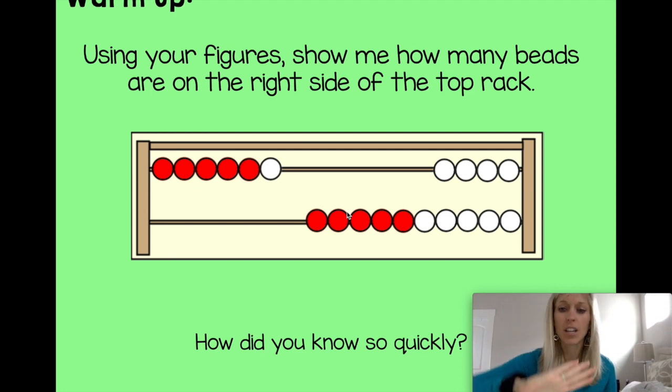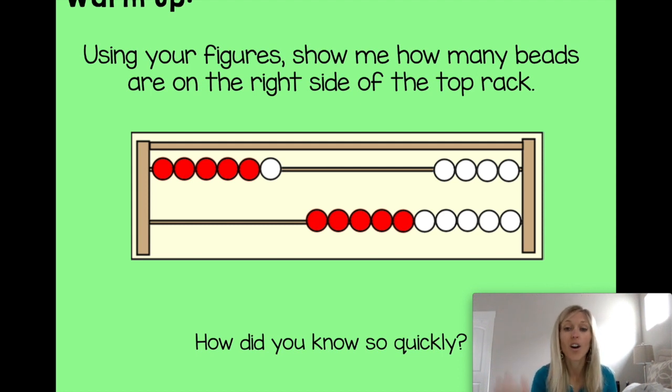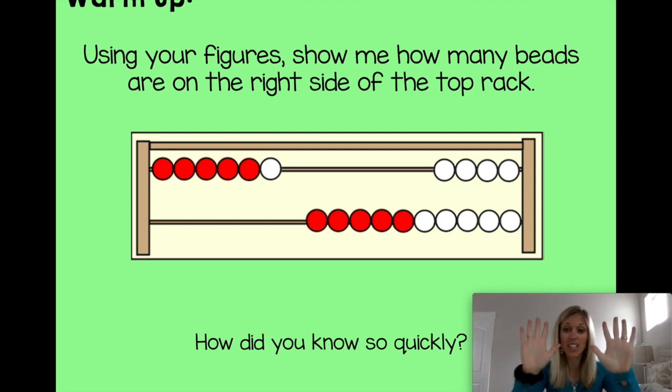If you cover up the bottom with your hand, you can see 6 on the left and how many on the right? 4. How did you know that so quickly? I heard you, because you know facts to 10. 6 and 4 equal 10. Good job.